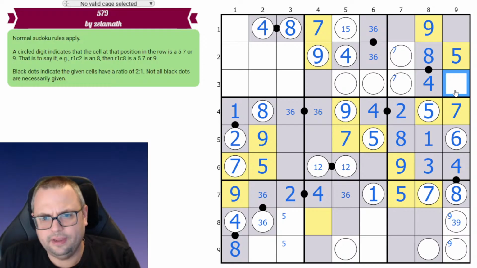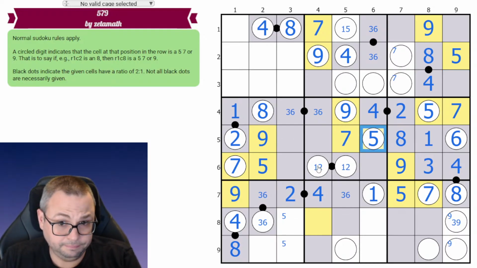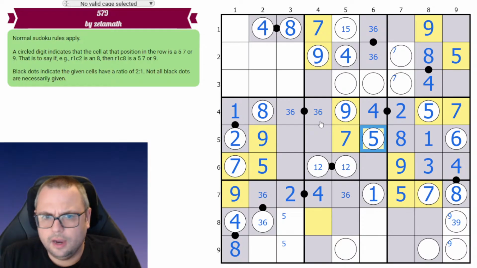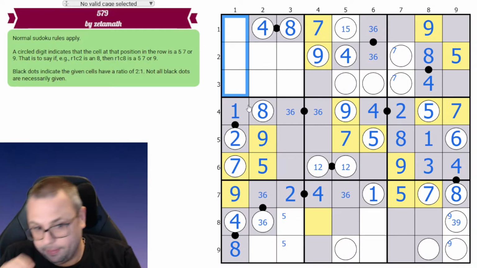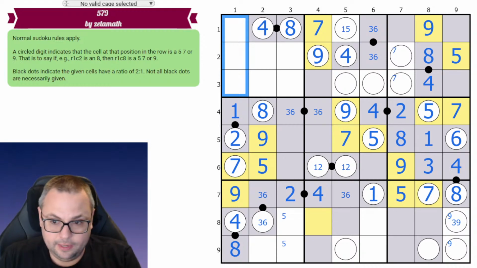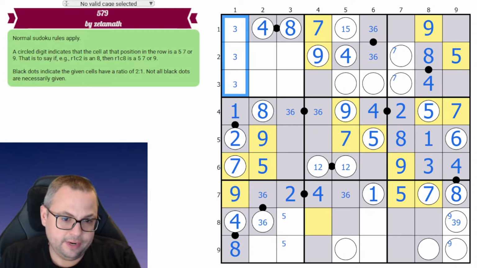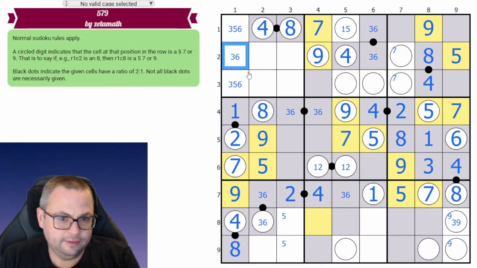And now this cell sees 5, 7, and 9, so we know it's not that. Oh, these are a triple. I probably should write it in. They are a 3, a 6, and a 5. And this one is now just gray by definition.